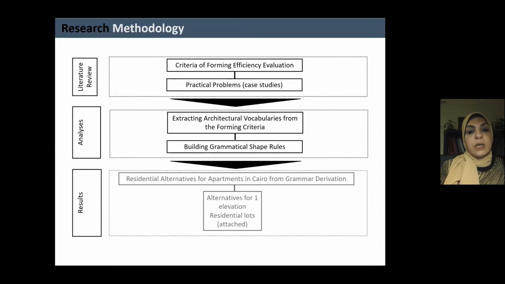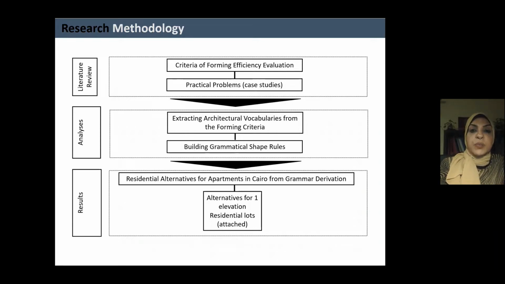In the second part, we are going to analyze those models and articulate the main problems. From the analysis and the theoretical part, we are going to put together a number of shape rules that, by deriving them, we can generate a various number of models without those crucial problems.